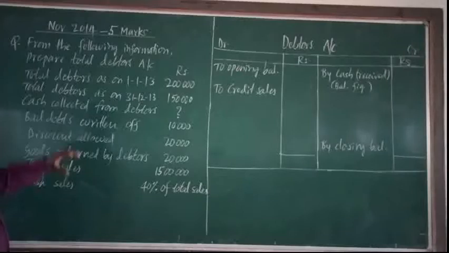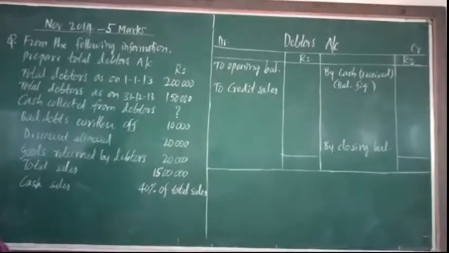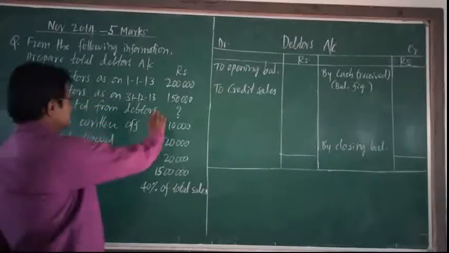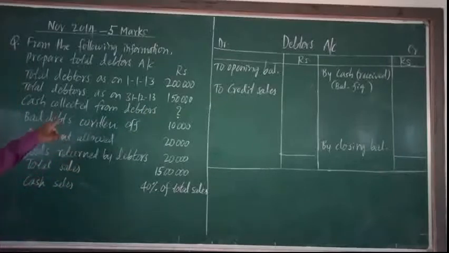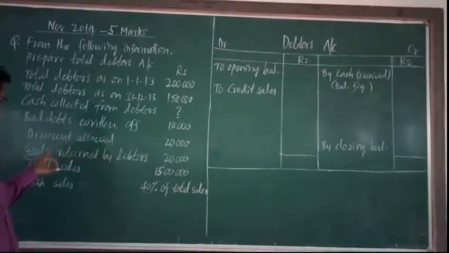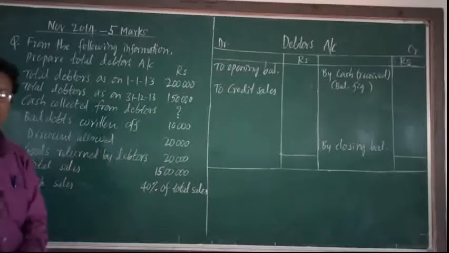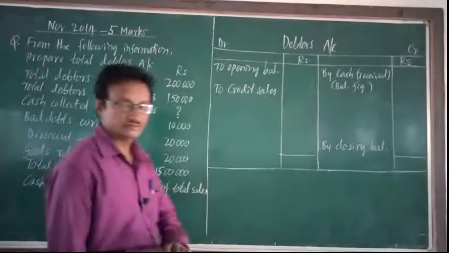The items given are total debtors on 1/1/2013, that is the opening balance, and total debtors as of 31/12/2013, this is the closing balance, and other items are cash collected from debtors, bad debts written off, discount allowed, goods returned by debtors, that is sales returns, and total sales. These are the items given.